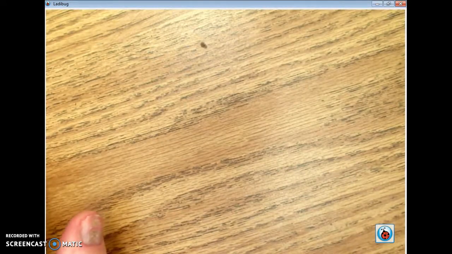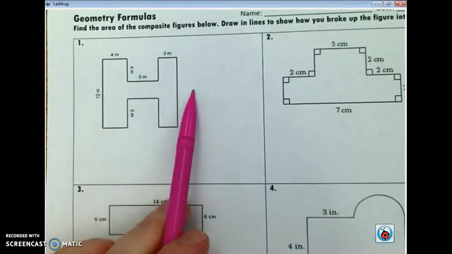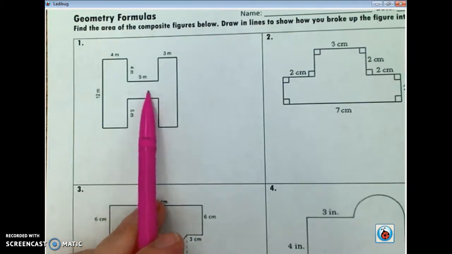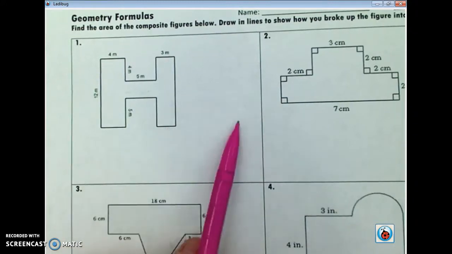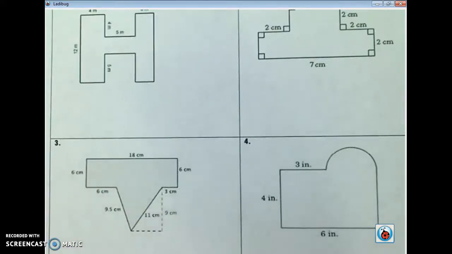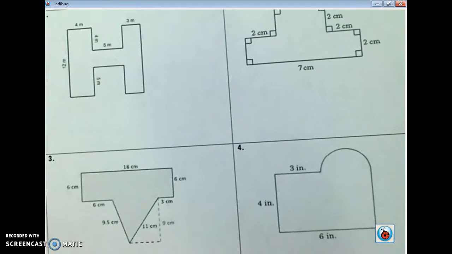All right. So for the next part of the video, what you're going to do is I want you to go ahead and see how you break it up. Okay? You're going to pause the video, break up the shapes, and find the areas. And then you're going to press play to check your work. So I'm going to do that for each one of these. Hopefully I have enough time to do that. And you're just going to have to pause and check your work on that. Okay?